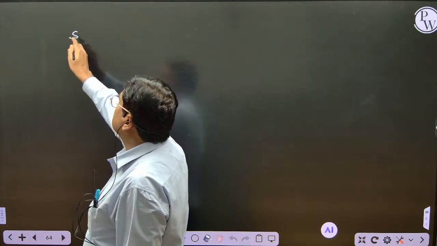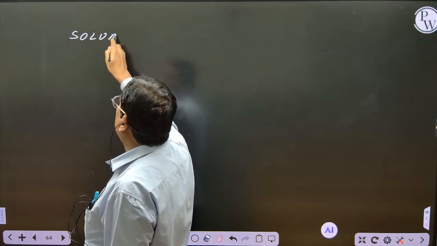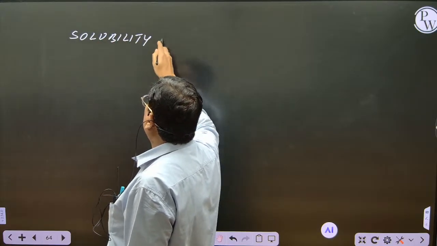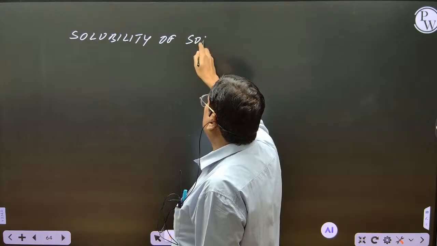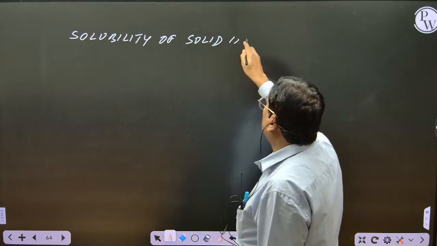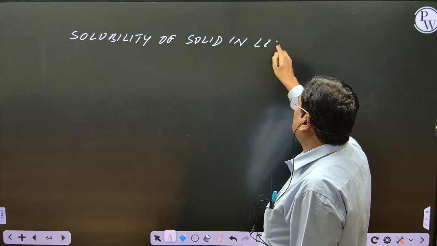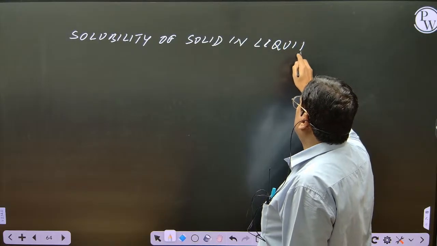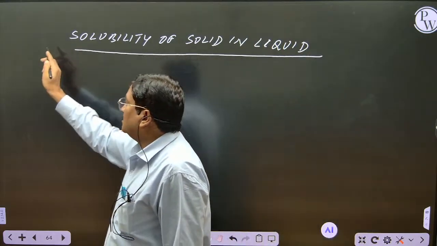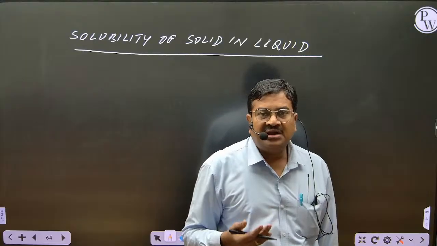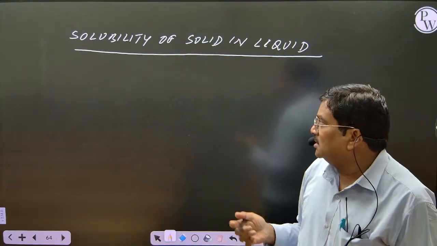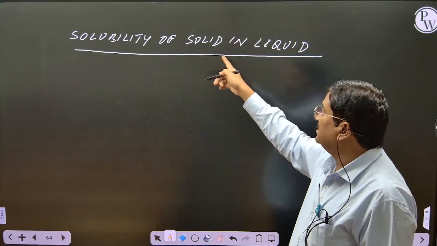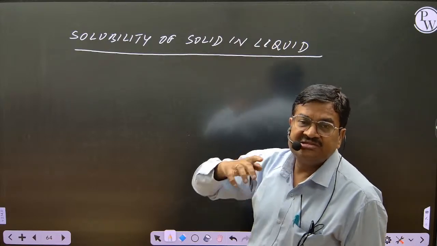Now write heading solubility of solid in liquid. Now what is this? You are dissolving a solid in where? Liquid. Now see, the solubility of solid in liquid depends on various factors.